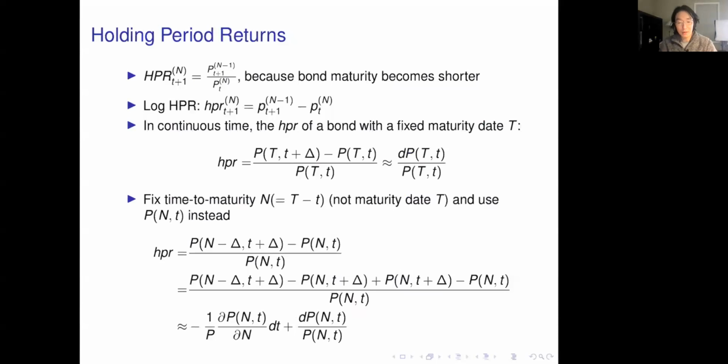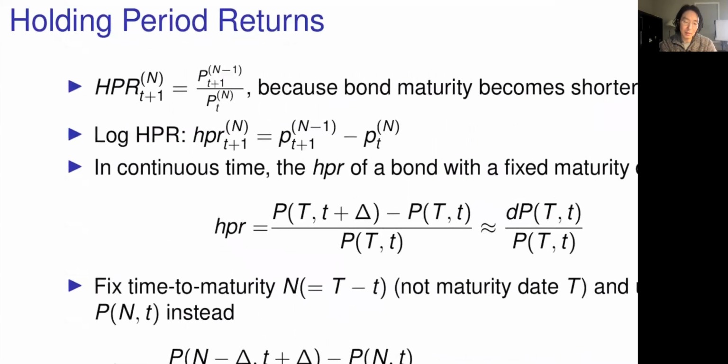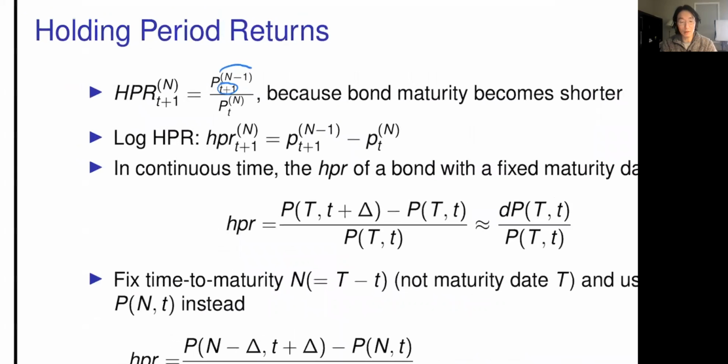Then the next important concept is the holding period return. Holding period return is defined in this way. So you buy an n-year bond at time t, and you will sell it in the next year. Next year, time is t plus 1. Okay, so it's t plus 1 here. And when you sell it in the next year, the maturity becomes n minus 1.